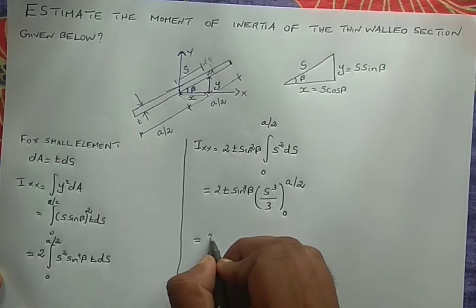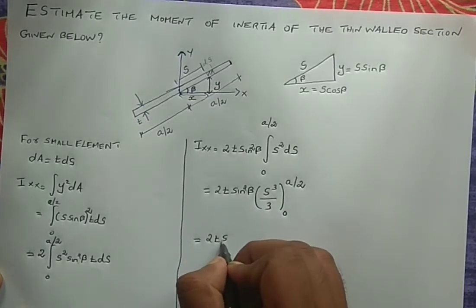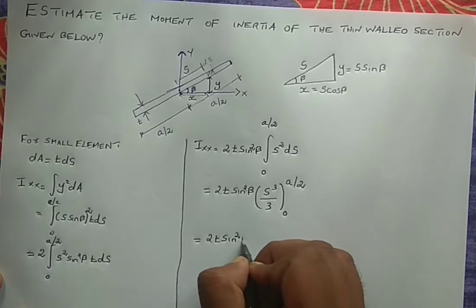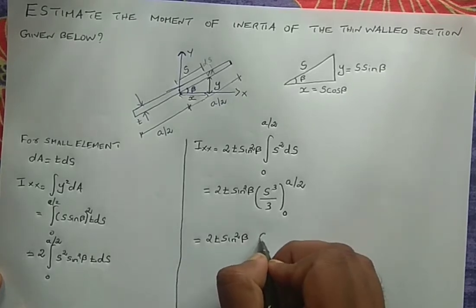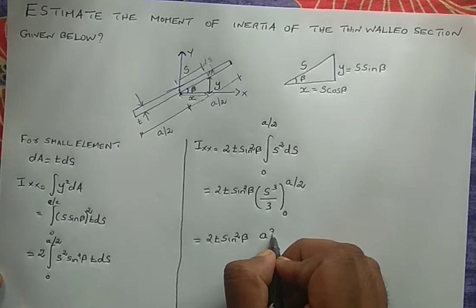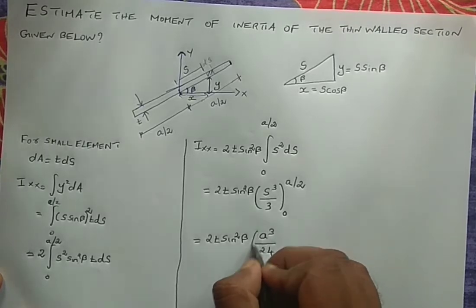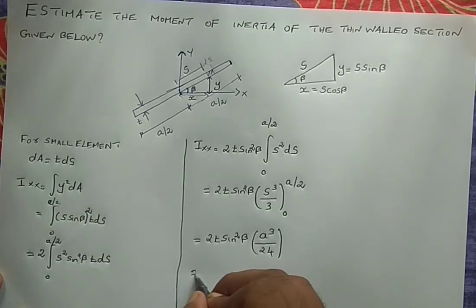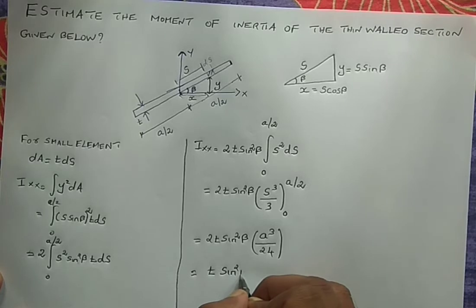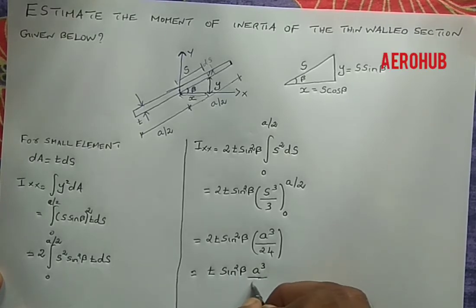So we get 2T sine square beta a cube by 24, which is T sine square beta a cube by 12.